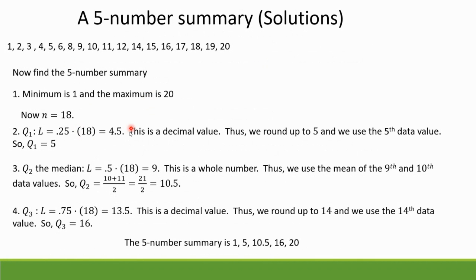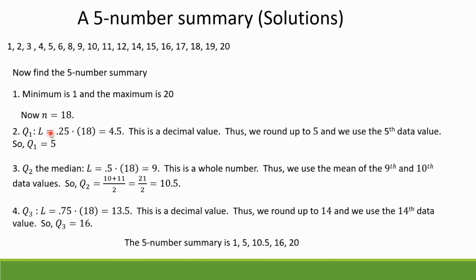So 0.25 times 18, that's 4.5, which is a decimal. Because of that, we're going to round up to the next number, which is 5. That tells us the 5th data value is the one we use, and it turns out to be 5 as well. 1, 2, 3, 4, 5. So the 5th data value is our first quartile.